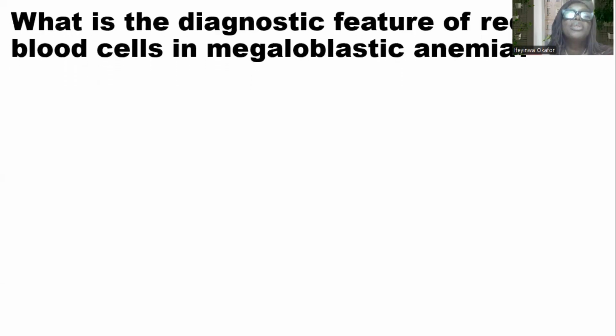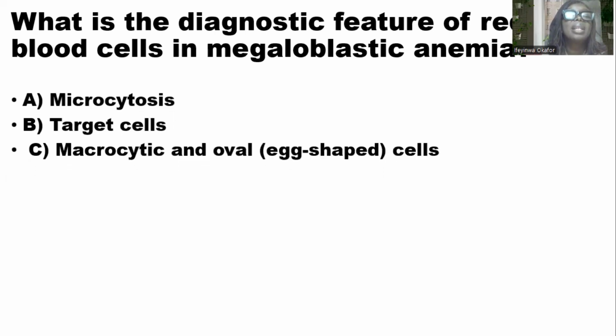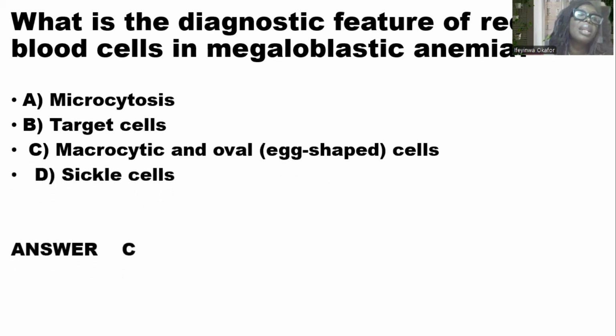What is the diagnostic feature of red blood cells in megaloblastic anemia? We have microcytosis, target cells, macro-ovalocytes, teardrop cells, and the answer is C. Of course, macrocytic cells are the diagnostic feature.